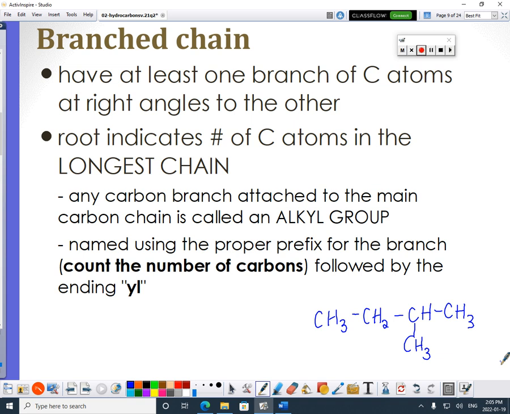So the way that we do that, you count the number of carbons. But instead of using A and E, because that's reserved for the parent chain, we want to show that it's a branch. So then we use the ending YL.